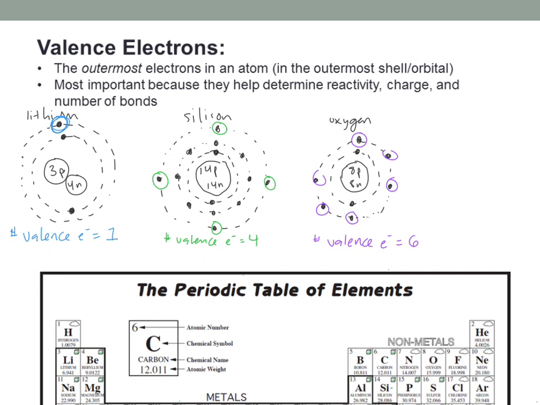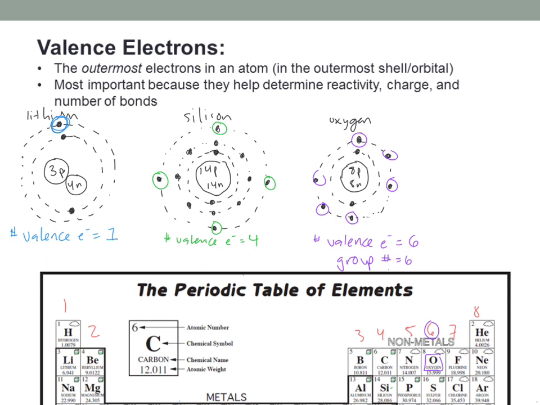So if you look at oxygen here, it's in group number, if you remember your group numbers, this is group number 1, 2, 3, 4, 5, 6, 7, and 8. So oxygen's in group number 6. And you'll notice that that's how many valence electrons it has.